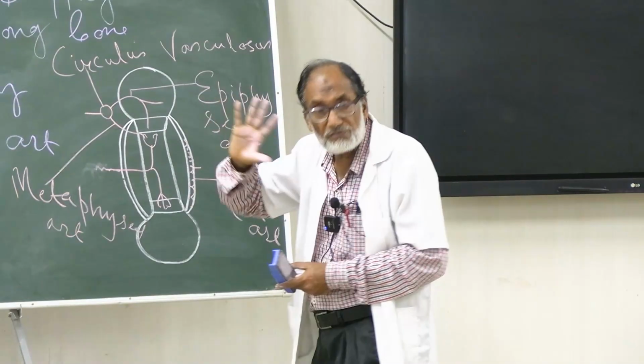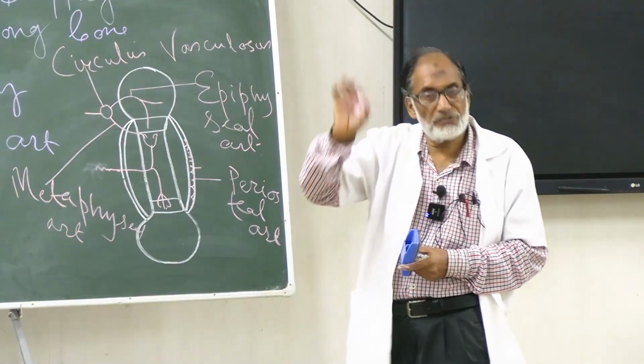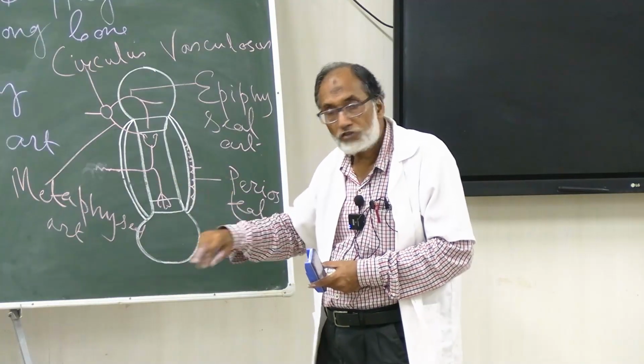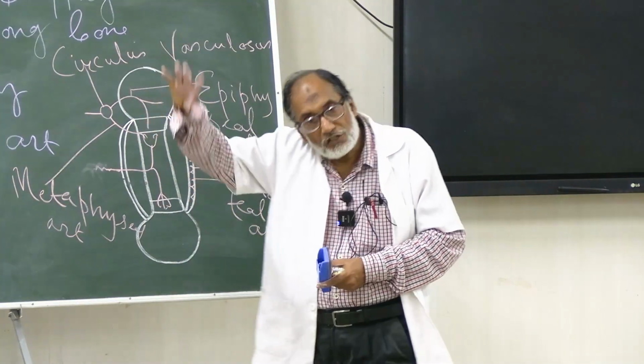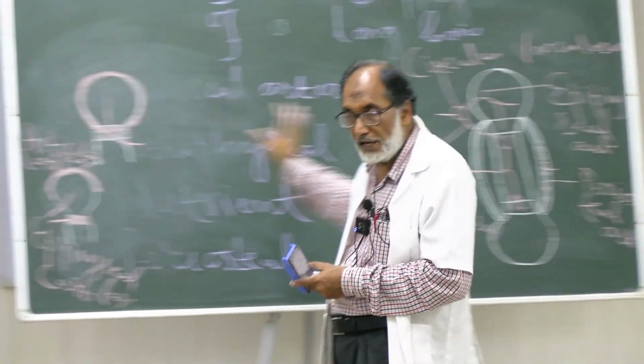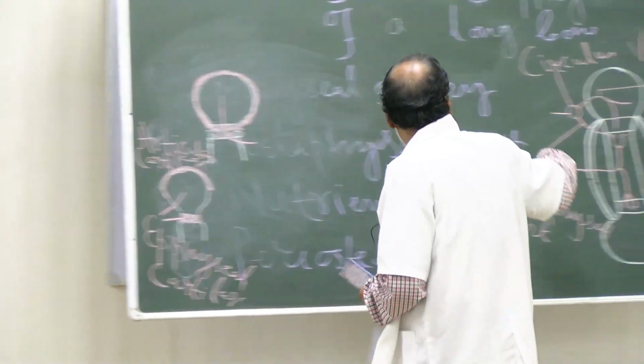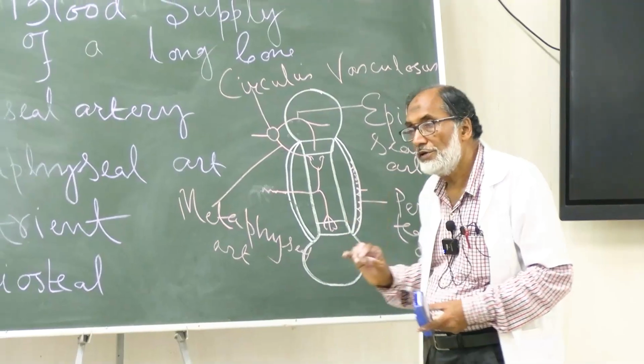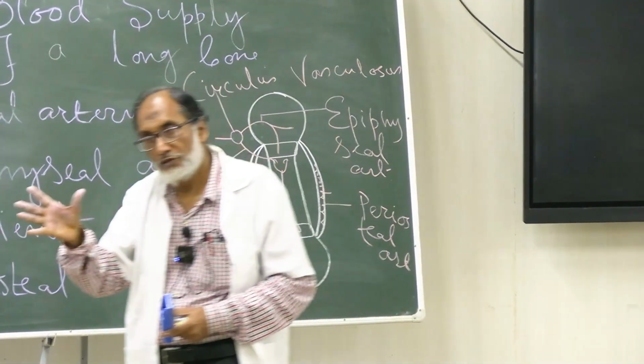It also carries some fibers which carry sensation, that lie within the periosteum, and in case of vertebra, it is present, and it is also at the upper end, like here, upper end and periosteum, it has some sensory sensation.